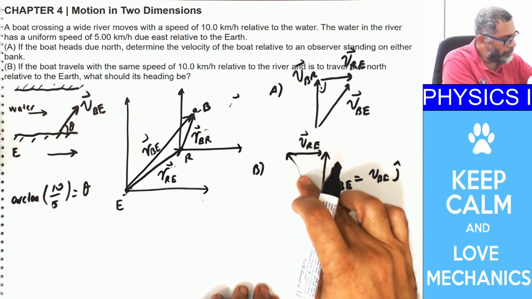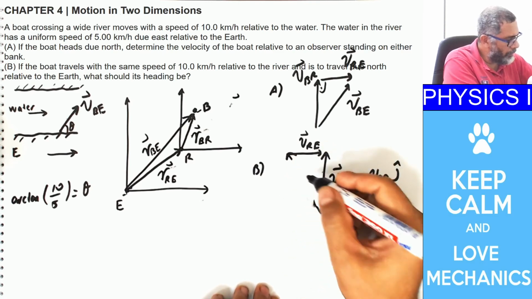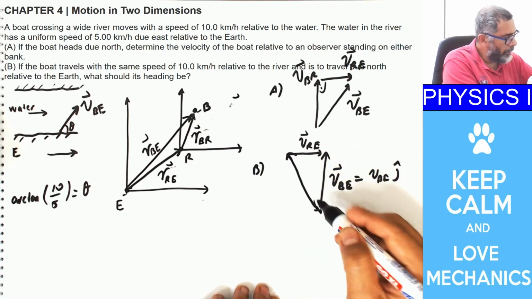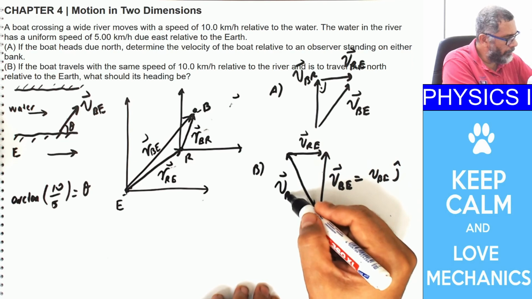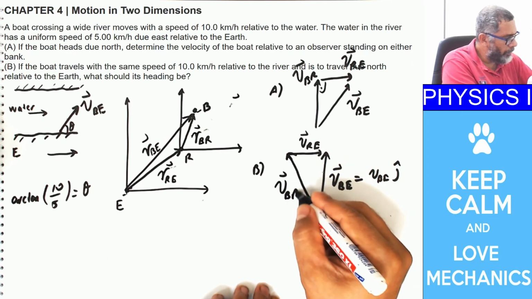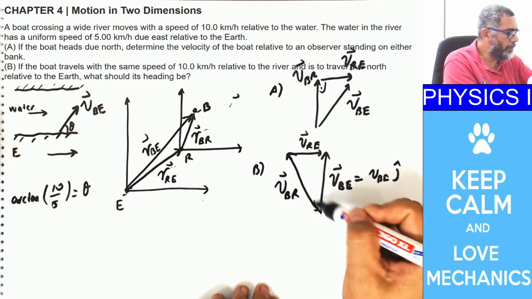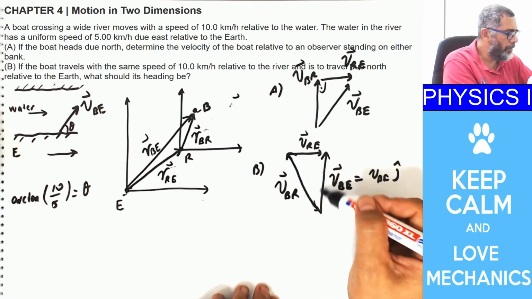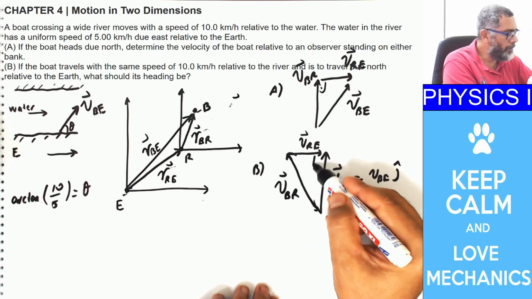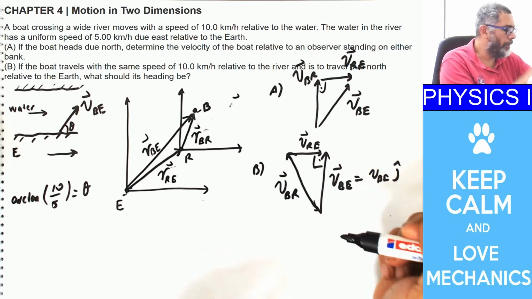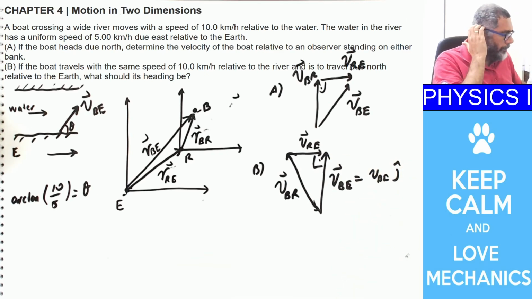Let me draw this as a straight line. This is going to be the velocity vector of the boat relative to river. Otherwise, the sum of these two vectors will not give you this perpendicular vector, and this angle is just perpendicular.